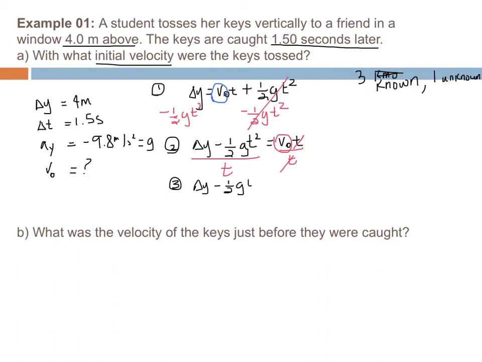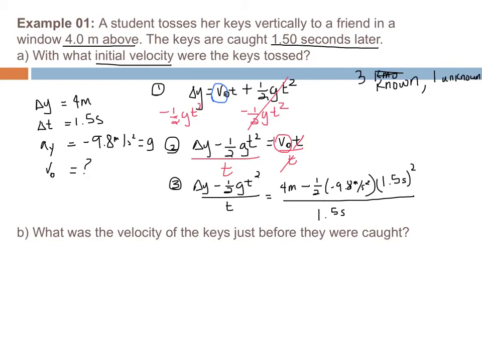So just clean it up a little. I have all these pieces. My displacement was 4 meters. I have 1/2 times negative 9.8 meters per second squared. Remember to square the time here. All divided by time again. Okay? And always double check your units work out.